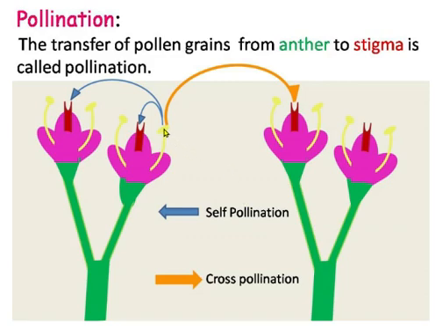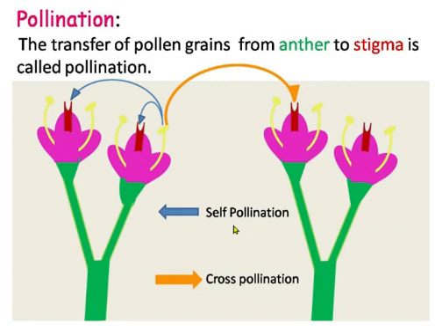When the pollen grains from the anther fall on the stigma of another flower but of the same plant, even then it will be called self-pollination. But when the pollen grains from an anther sit on the stigma of another flower of another plant but of the same type, then it is called cross-pollination.